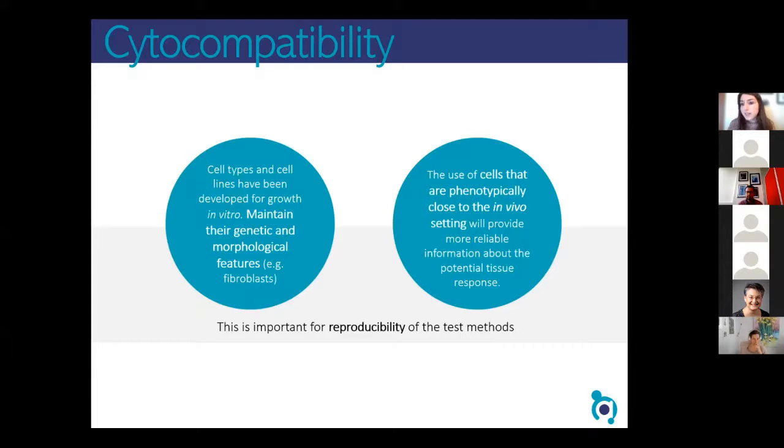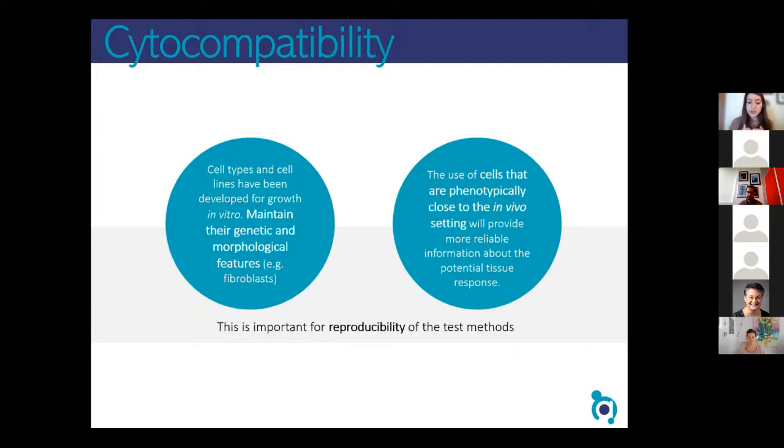So what type of cells should we actually work with when we're doing these cytocompatibility studies? Usually at the beginning, what we try to find is a type of cell that we know very well, that it's fully characterized, that we know that they maintain their genetic and morphological features such as fibroblasts, and that have a very good lifespan, and that we can actually see reliable changes and reproducible changes when we're testing it with biomaterials.